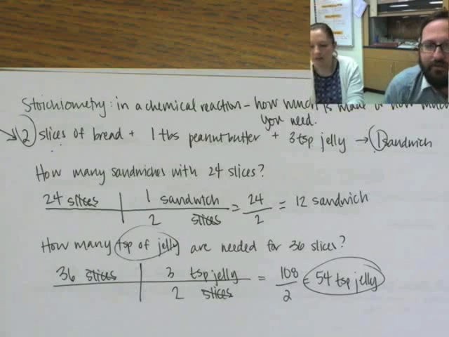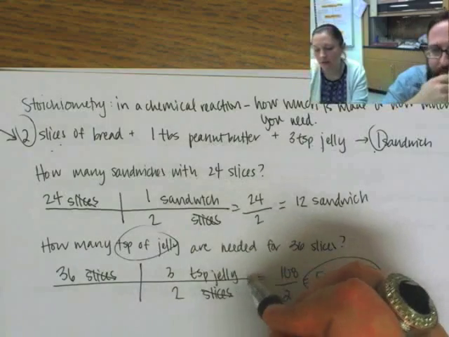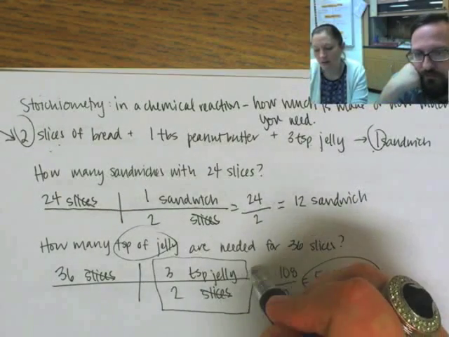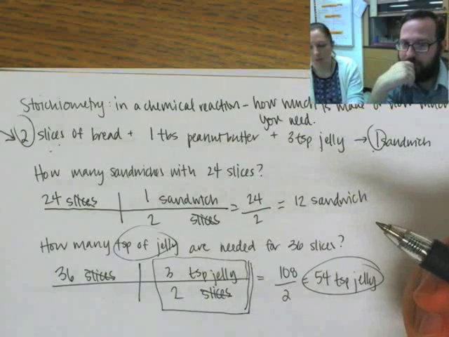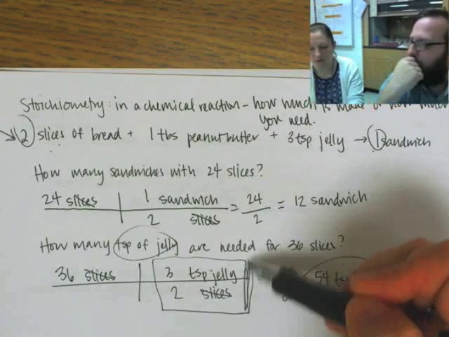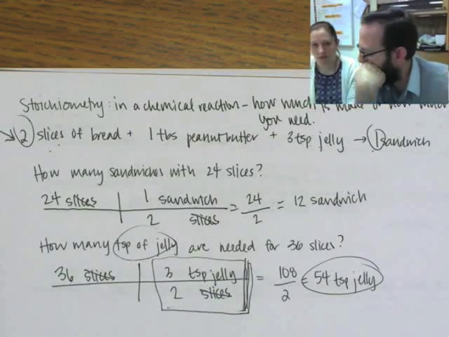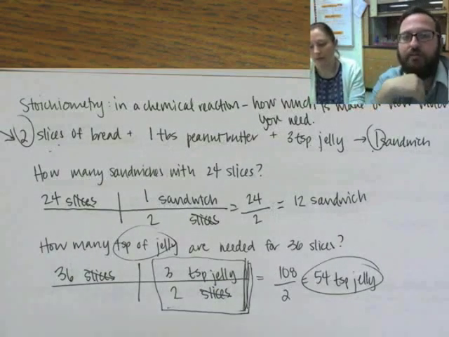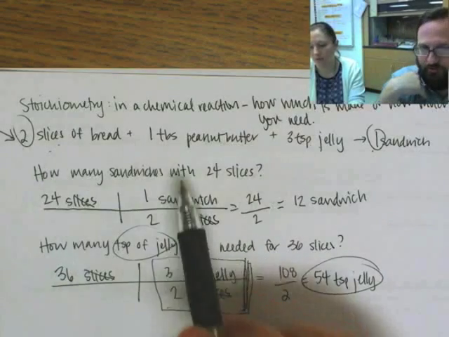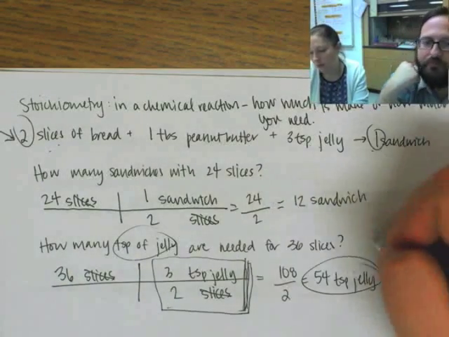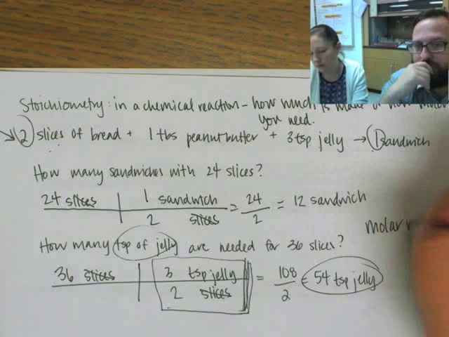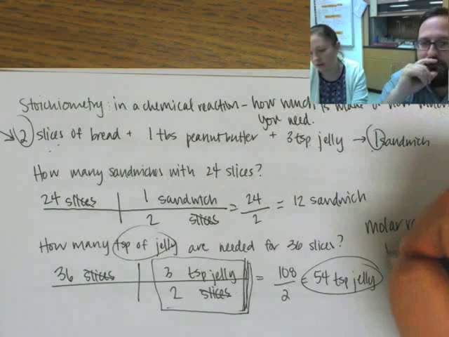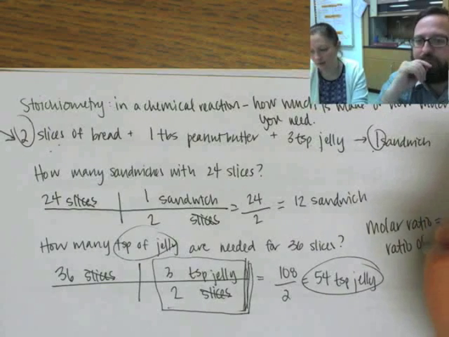So these things here, you said those are ratios. What kind of ratios are those? Those are going to be molar ratios. Oh, because these numbers represent moles. So molar ratio is the ratio of moles. Huh. That's easy.